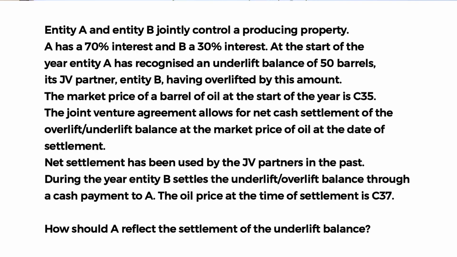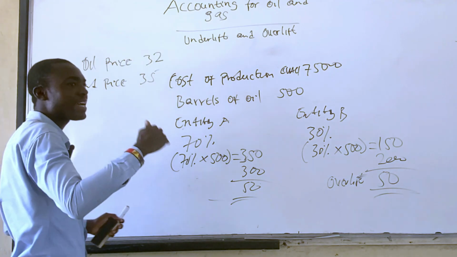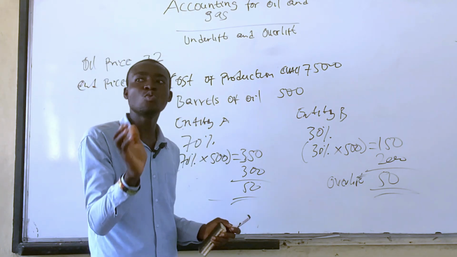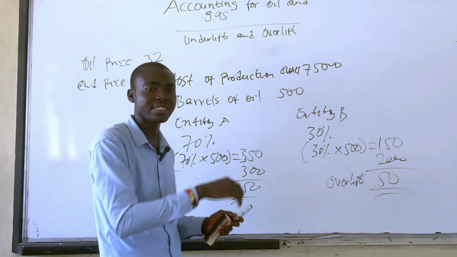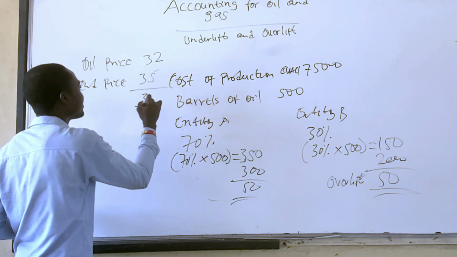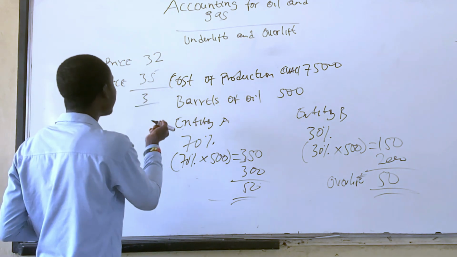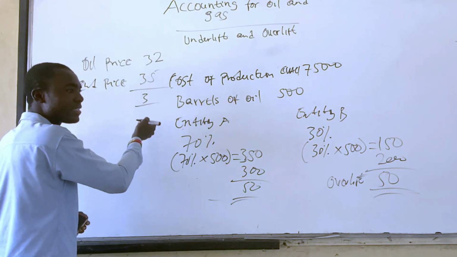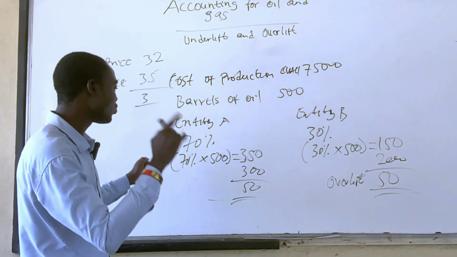So when they are balancing their books, entity B, the overlifter, must pay the difference between the transaction price and the end of the year price to the underlifter, entity A. The difference between the two prices is 3 cedis, so entity B must pay an extra 3 Ghana cedis on each barrel to entity A.